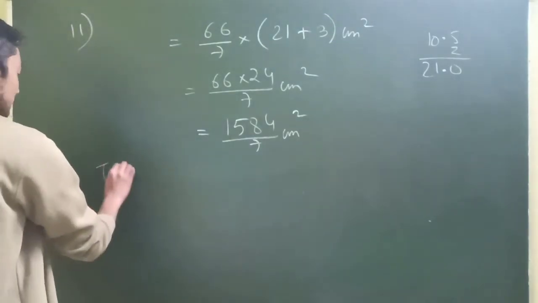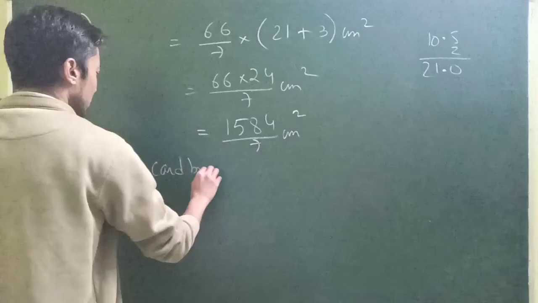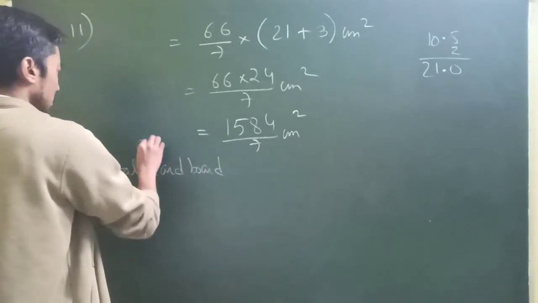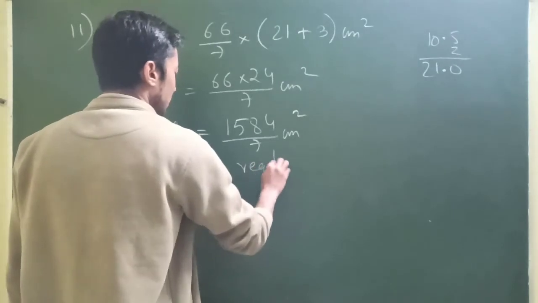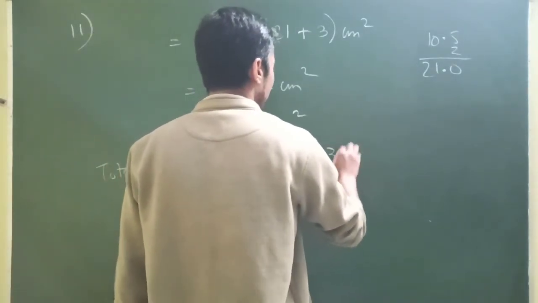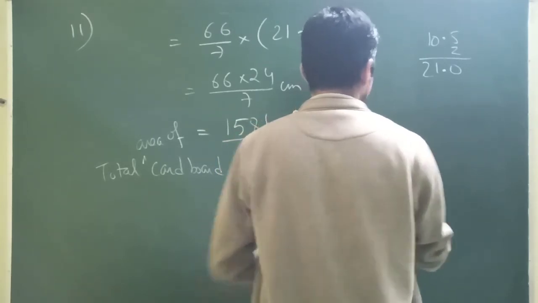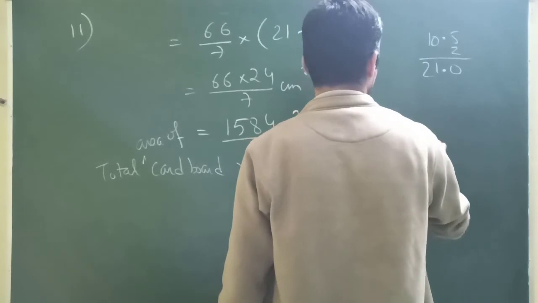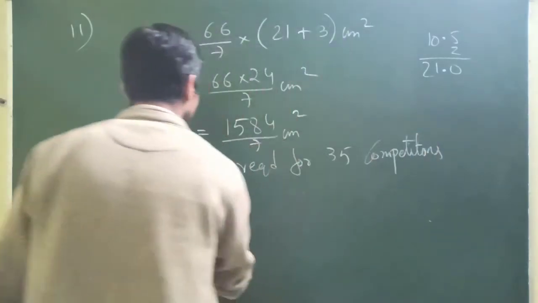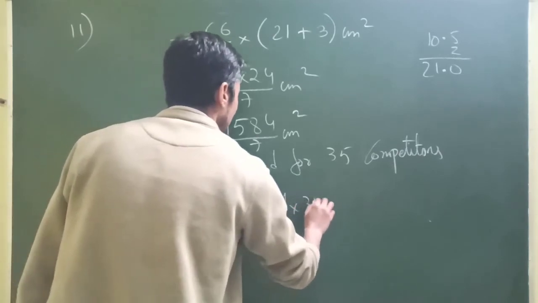So the total cardboard area required for 35 competitors will be 1584 by 7 into 35.